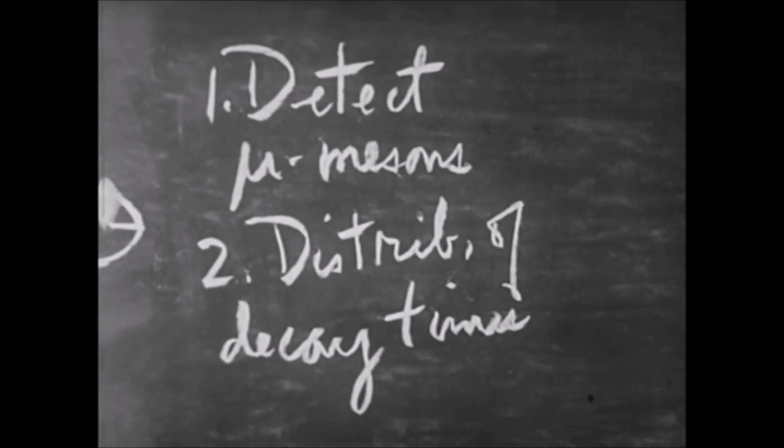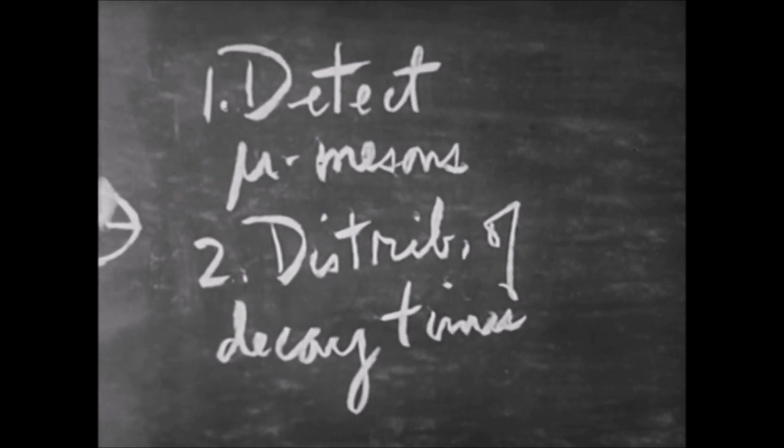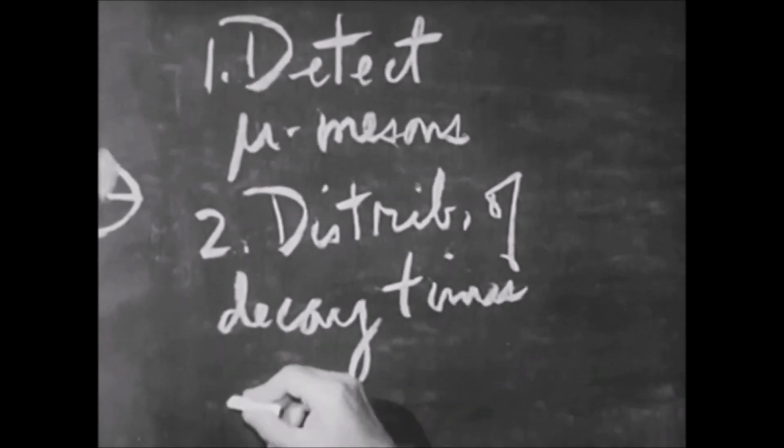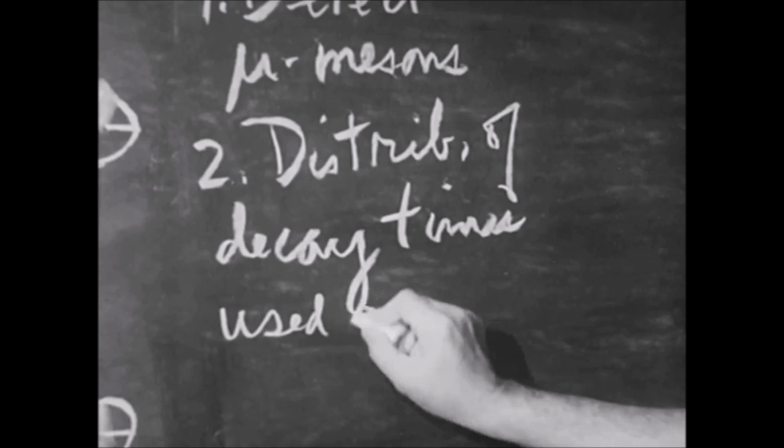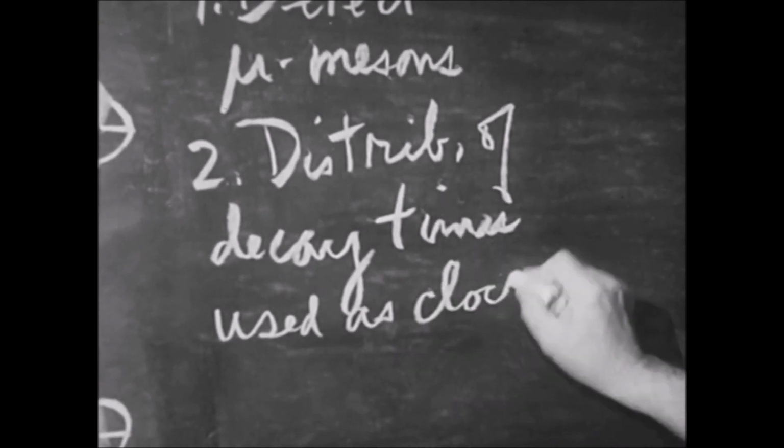As you'll see, this will enable us to use these mesons to measure time intervals. So, distribution of decay times used as clock.